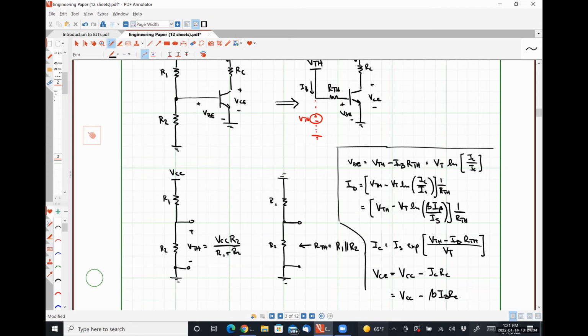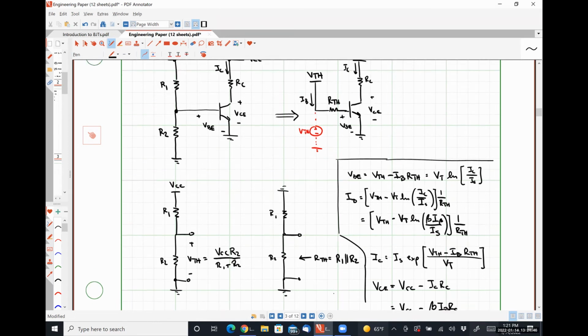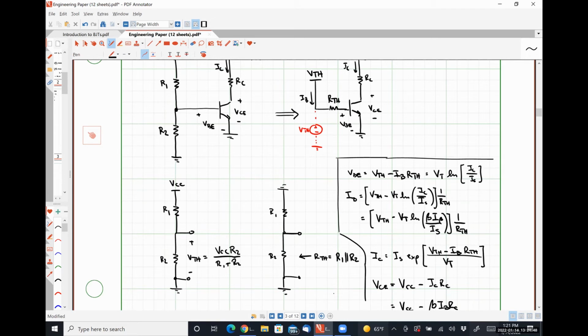Because we only have a little over 20 minutes left, I'm not going to bother with an example problem here. One thing that I do want to point out is a quick and dirty method of applying this biasing scheme, or at least analysis, which is to neglect the effects of the base current entirely.